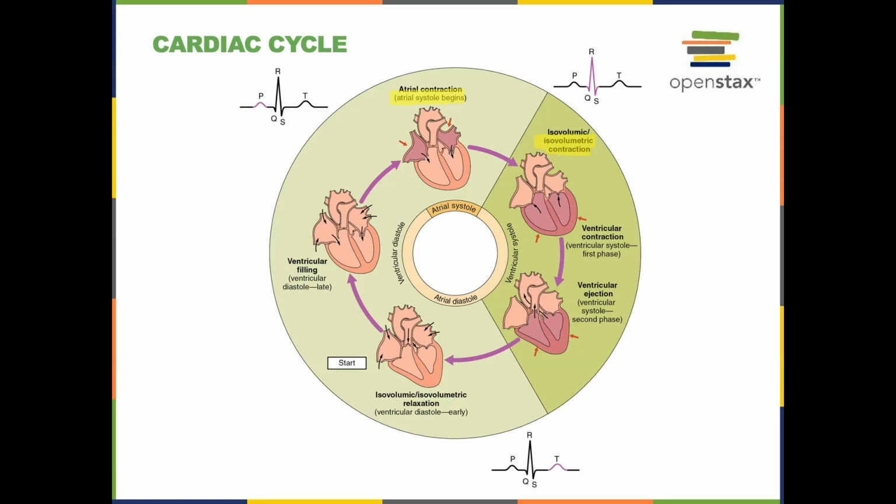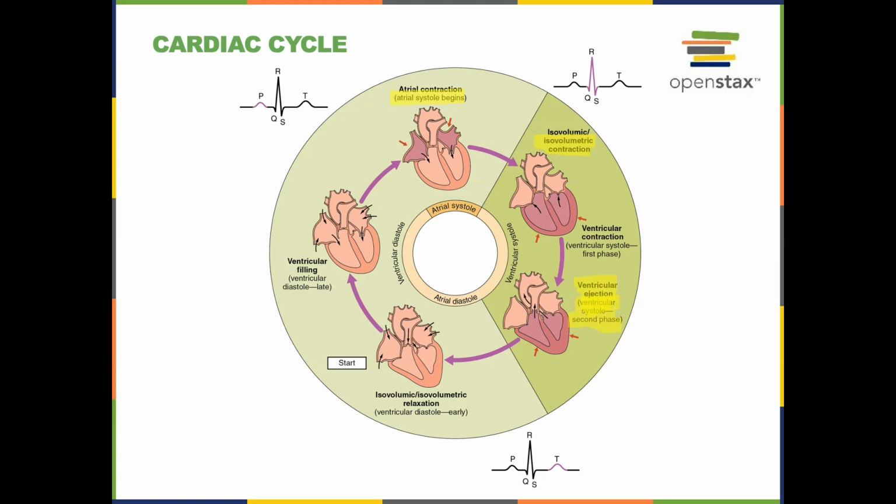During isovolumetric contraction, the blood pressure inside of the ventricles rises, but the blood volume inside of the ventricles remains constant. Then ventricular ejection occurs when the blood pressure inside of the ventricles is greater than the blood pressure inside of the arteries, and blood flows out of the ventricles into the arteries.